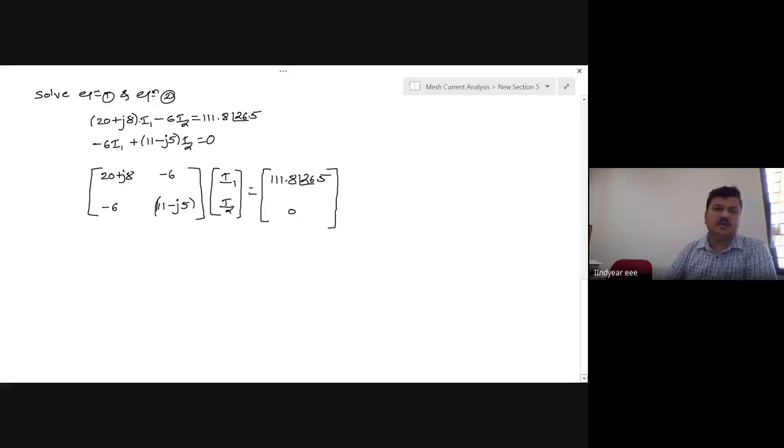Now you should apply Cramer's rule. You should not forget Cramer's rule because I have a calculator in my hand, but in the calculator I cannot solve a complex matrix, so I need Cramer's rule throughout.